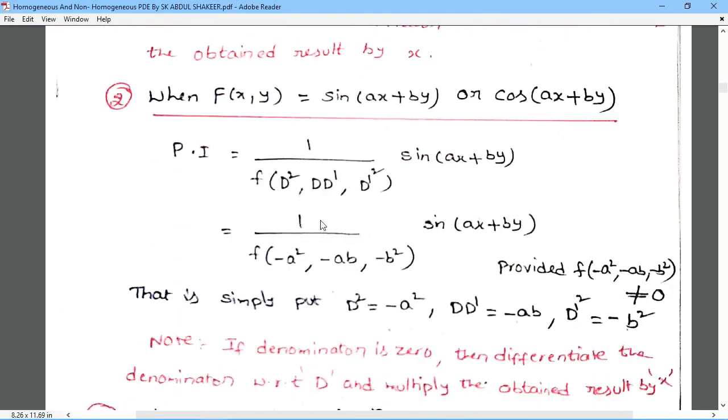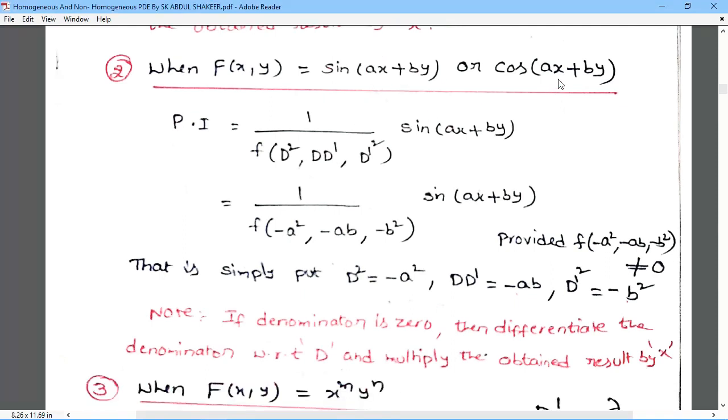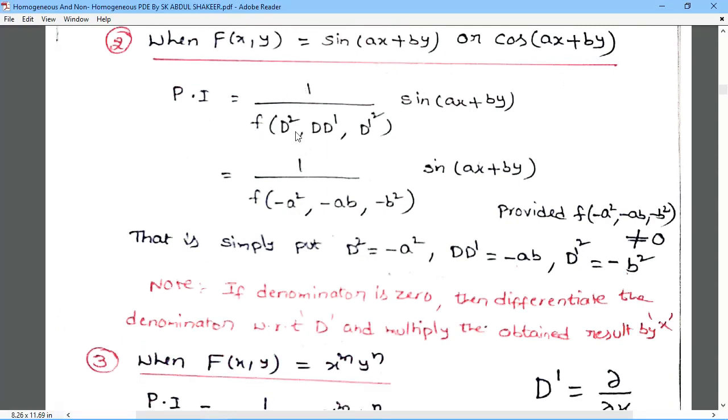Suppose the right hand side of the equation has sin of ax plus by or cos of ax plus by. In this case, we can write the particular integral as 1 by a function of D square, DD dash, D dash square terms. Whenever these expressions are in the denominator, we have to replace D square as minus a square, DD dash as minus ab, and D dash square as minus b square, where a and b are the coefficients of x and y in the given trigonometric expression.